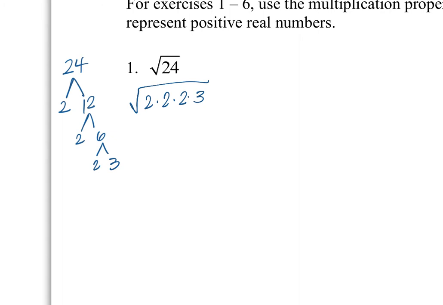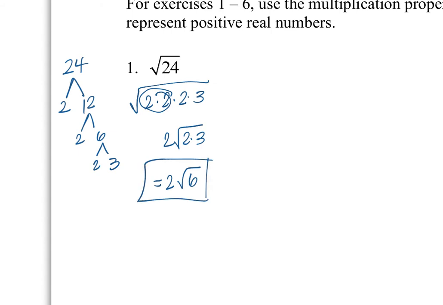And if you look, there is a group of 2. If you have a group of 2, you can pull that out, and what is left in there, you just multiply together. So the square root of 24 we could rewrite as 2 square roots of 6.